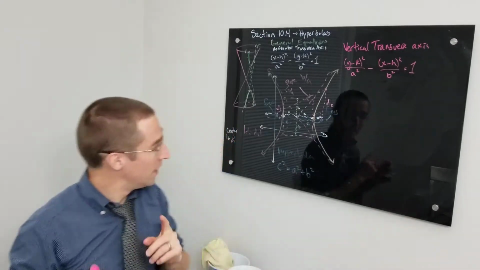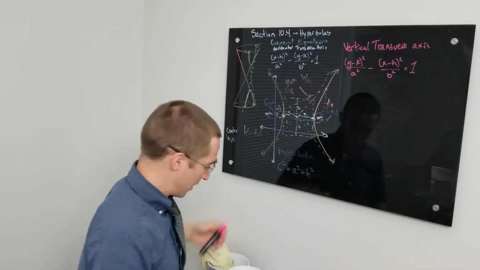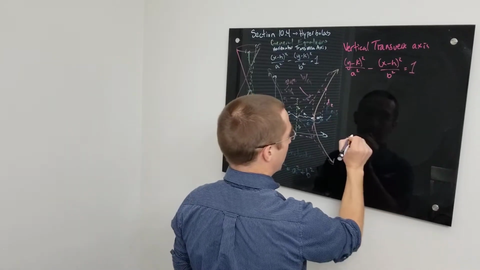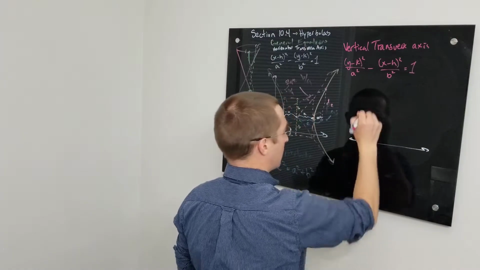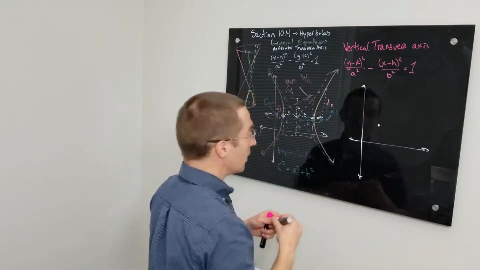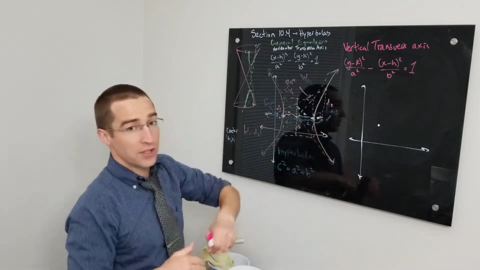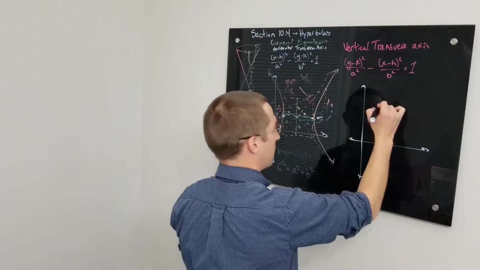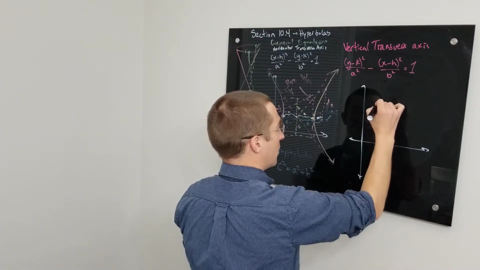Okay, now if we have a vertical transverse axis, we do basically the same thing, where we find our center. But here, the a value tells us how far up and down to go. So we're going to go up a to get a vertex.